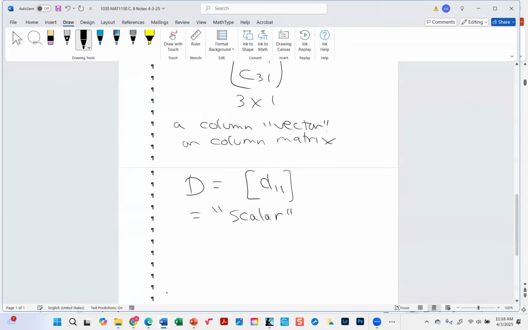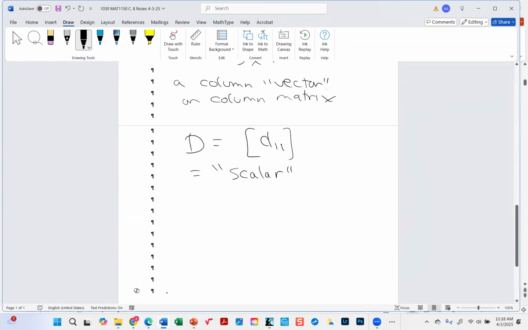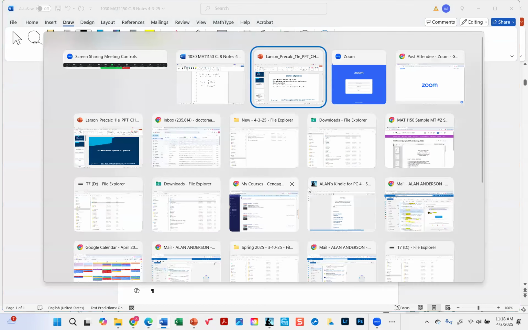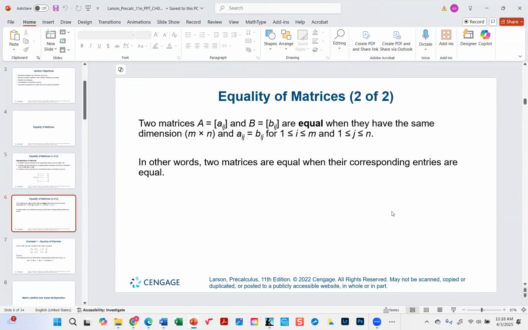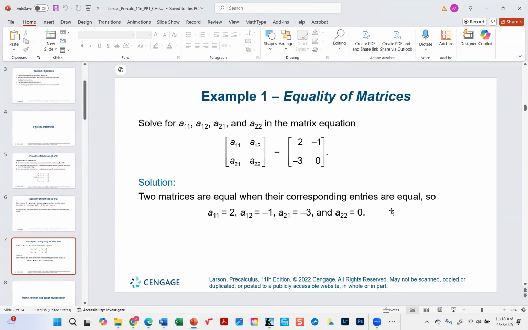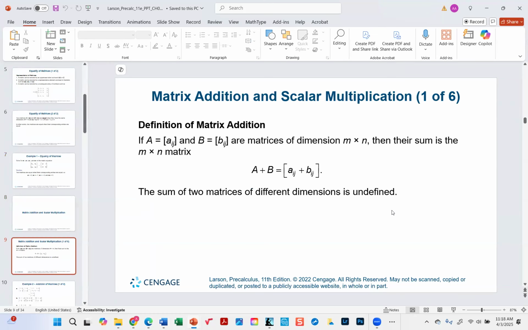Okay, but before we get to that, let's remind ourselves what operations we know on matrices so far. Well, we defined the concept of equality. That's pretty straightforward. Adding and subtracting.